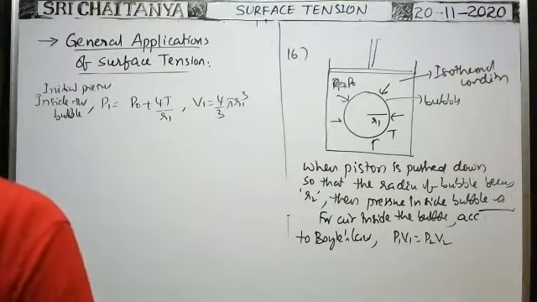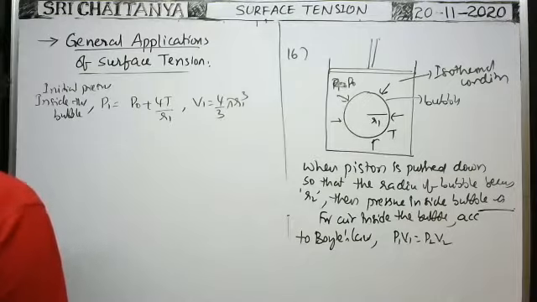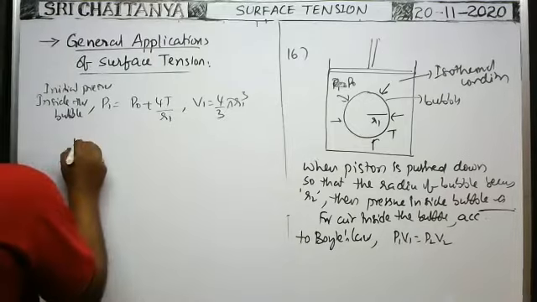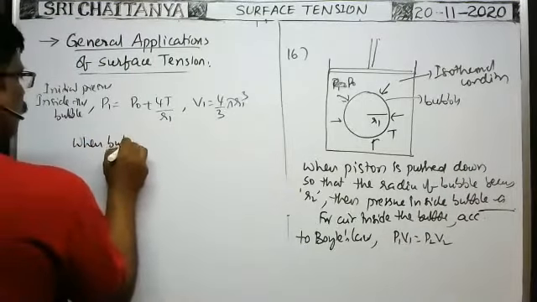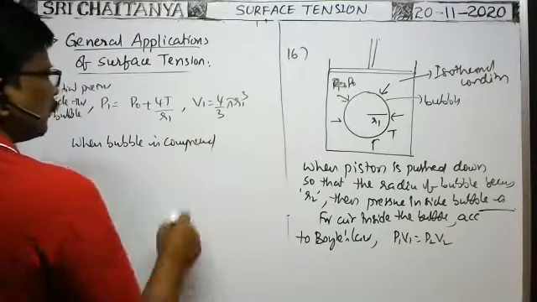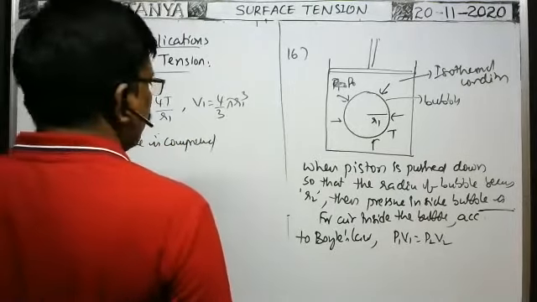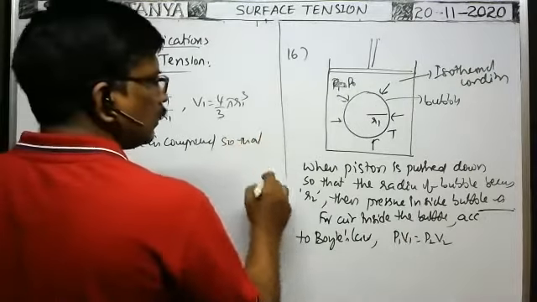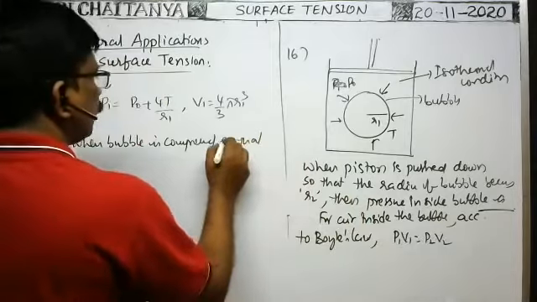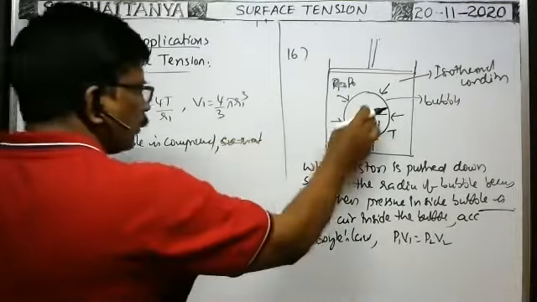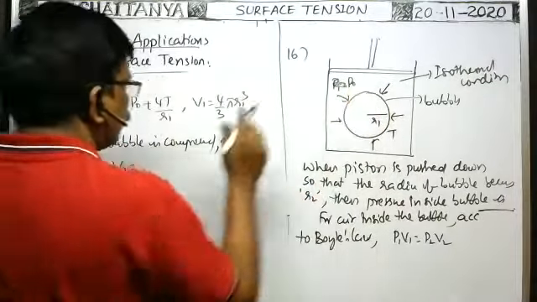Okay, whenever the bubble is compressed to radius R2, the volume of the bubble means the volume of the air inside the bubble.